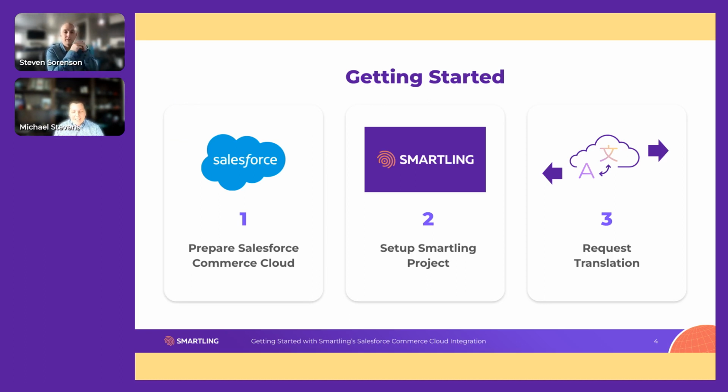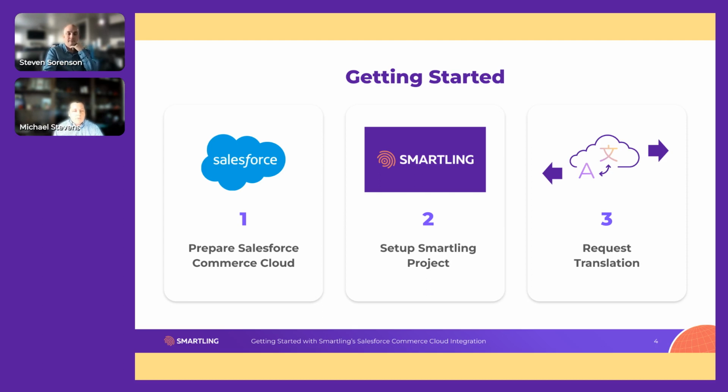Okay, thanks. It's probably a good place to start with why we need a connection to Commerce Cloud in itself. The big demand is obviously a lot of companies going global nowadays, and being able to provide the content in native languages to all of their consumers.